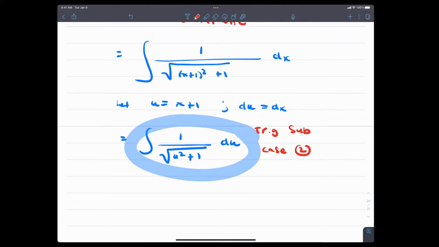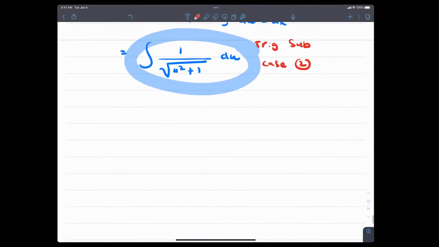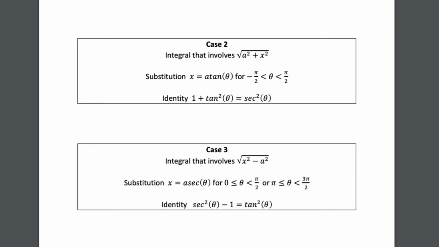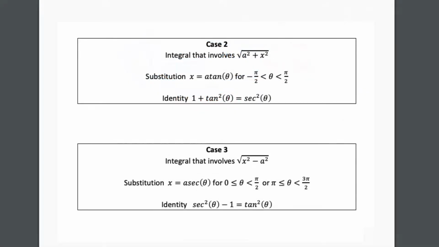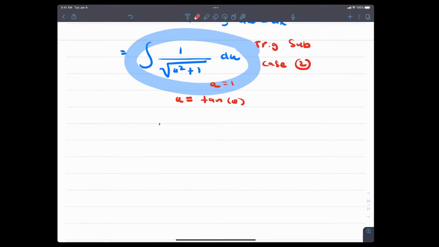So for case number 2, if you remember, what do you let u become for case 2? Right? This is a trig sub question now. U is going to be a. What's a here? Isn't u going to be just tangent theta? Is that what case 2 was? I don't remember. Oh, it's tangent theta. And then what was the radical going to be? Replace the radical.